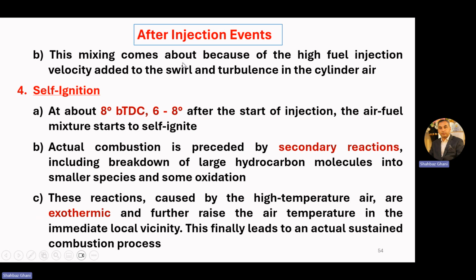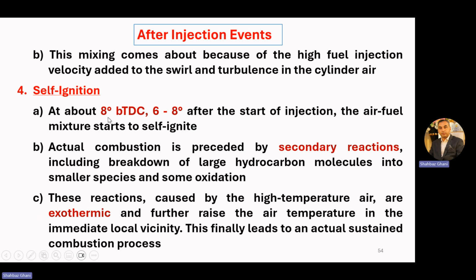Now, this mixing comes about because of the high fuel injection velocity added to the swirl and turbulence in the cylinder. So the high fuel injection velocity is the factor which is causing, along with swirl and turbulence, the mixing in a better way.